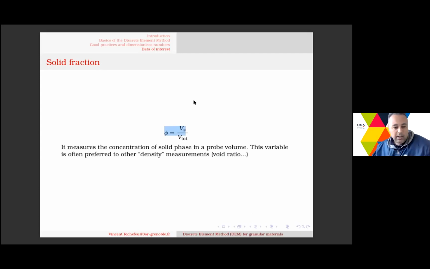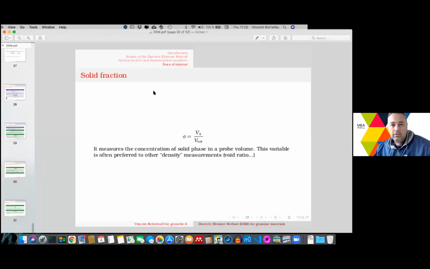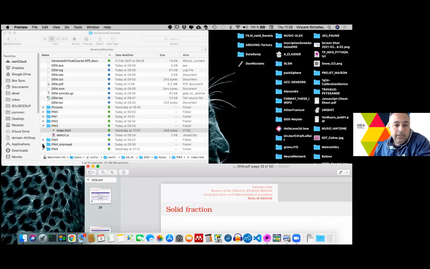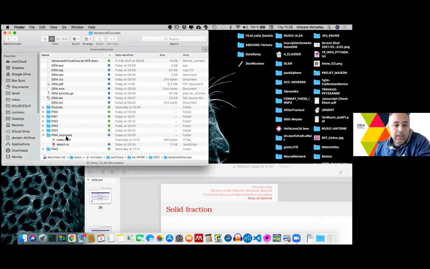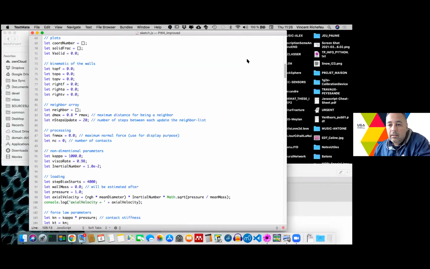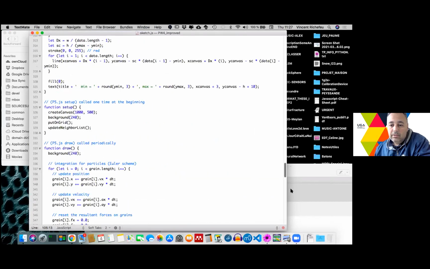So I will try to show you the DEM code, which is small, but I hope you will understand things. So here is the code. It is a little longer, as you see.